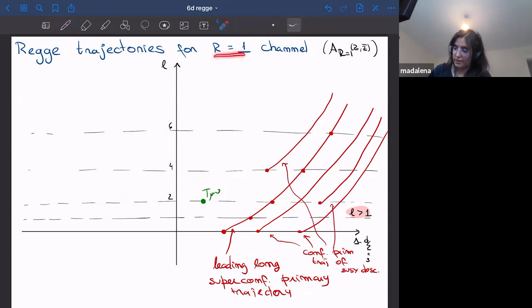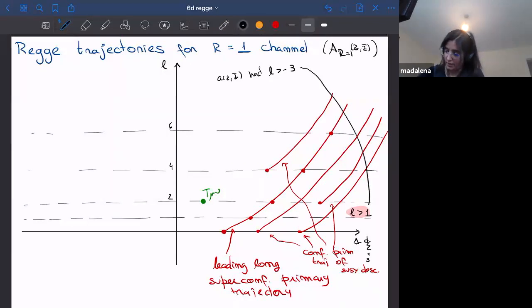And in this R-symmetry channel, you will have to believe me that it follows from the fact that A of z, z-bar had analyticity for spin bigger than -3, this implies that this channel has analyticity as the usual behavior. So Regge trajectories, I only expect them to make sense for L bigger than 1.